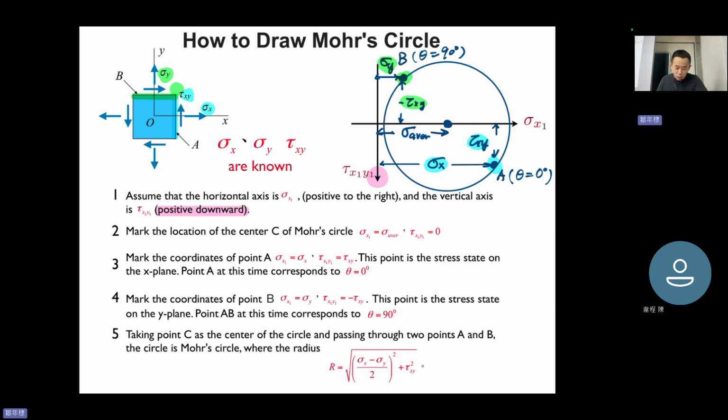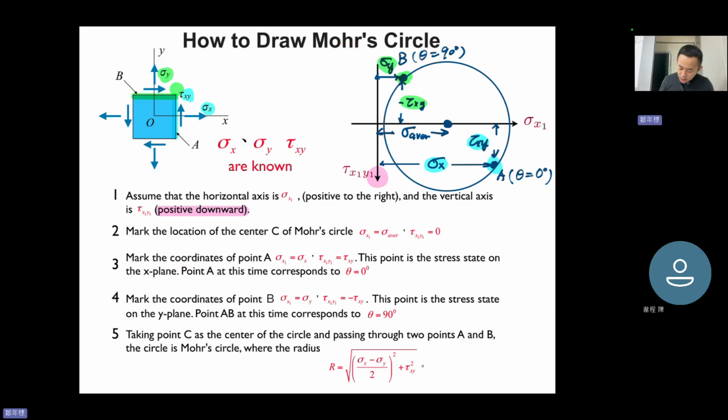In a Mohr circle, the theta will double. Okay, so when this point rotates to theta equal to 90 degrees, you actually get a 180 degree rotation in the Mohr circle world. Okay, so in the real world only 90 degrees. But in the Mohr circle world, you get 180 degrees.